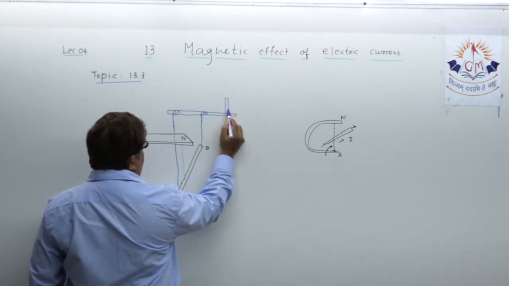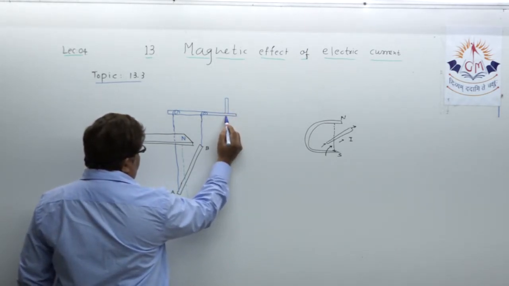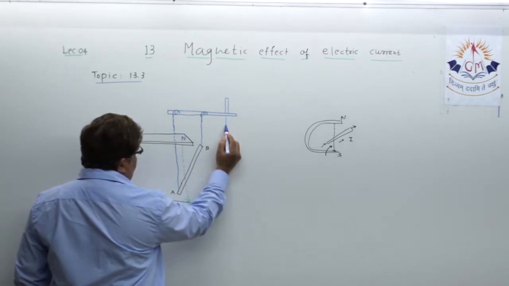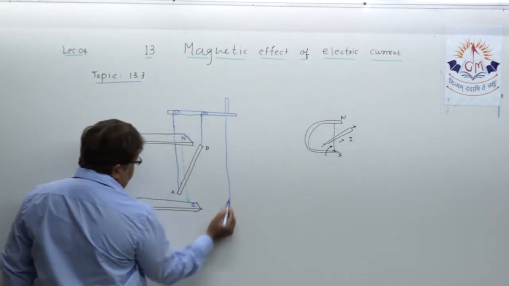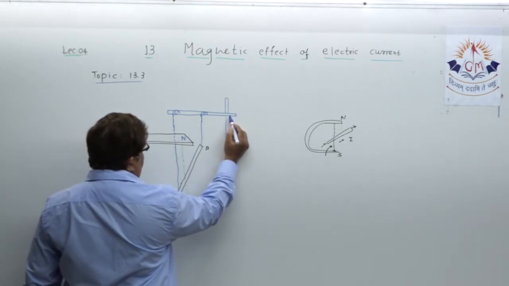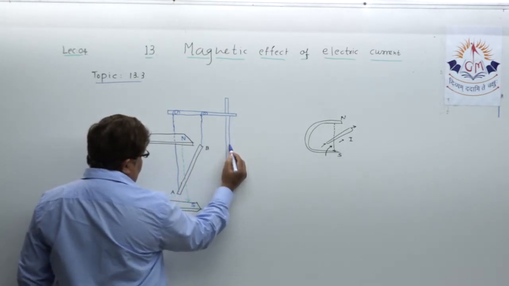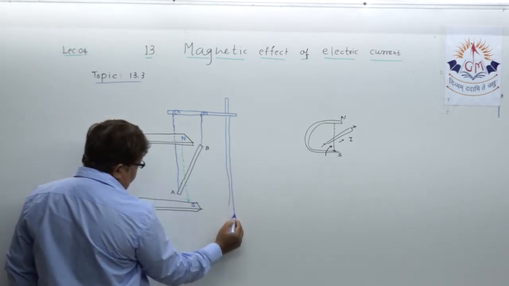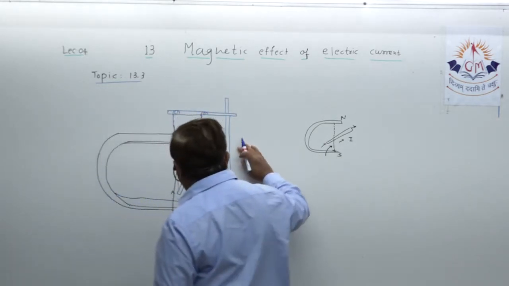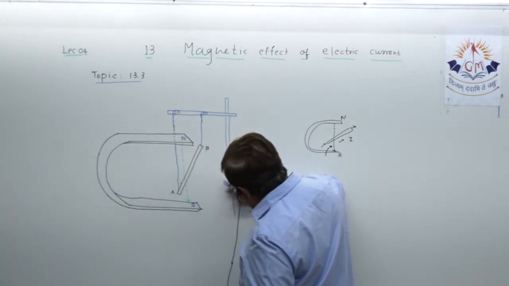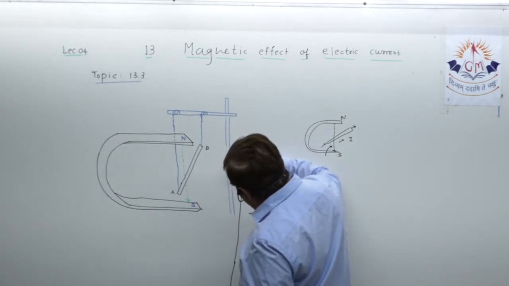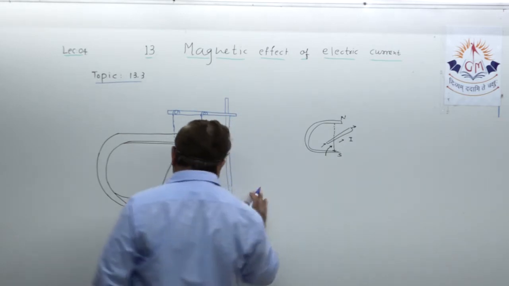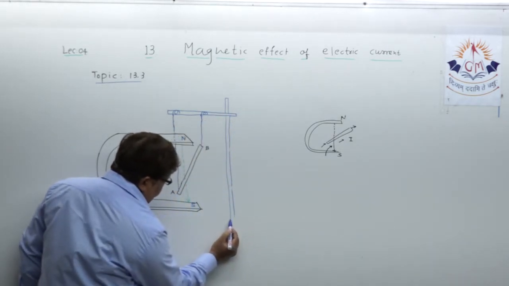Just try to understand this experiment, where the conductor is already suspended in this way from the stand inside the magnetic field.